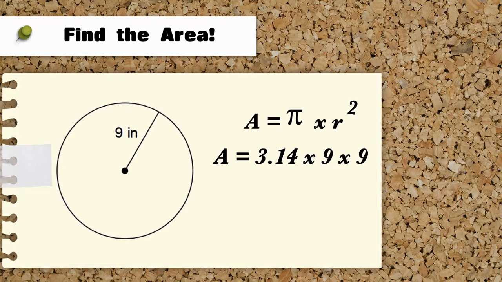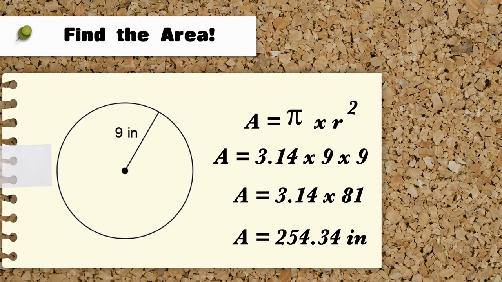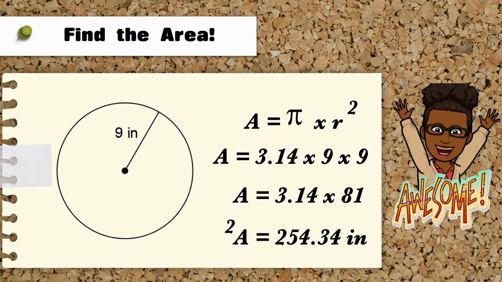Now, let's break that down. 9 times 9 is 81. So our new equation is 3.14 times 81. Now, when we multiply that, we should get 254.34 inches. That's right, squared. Can't forget our square units.